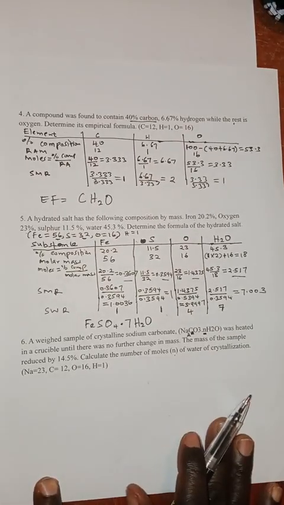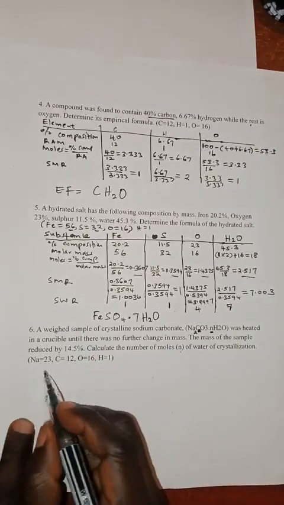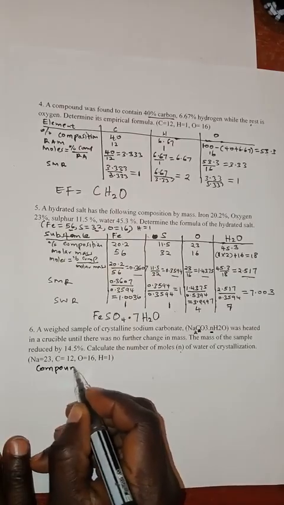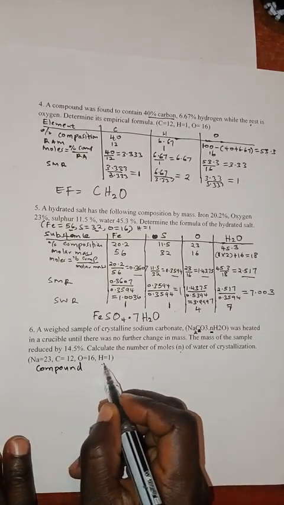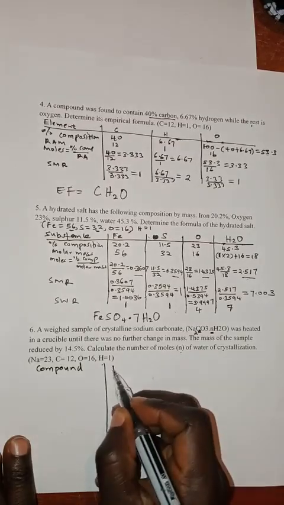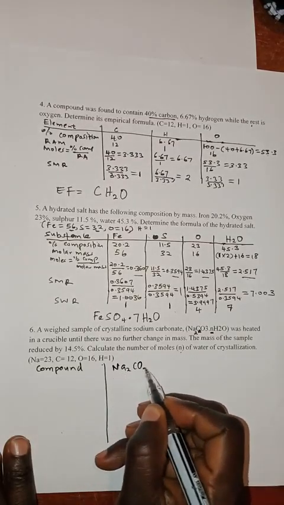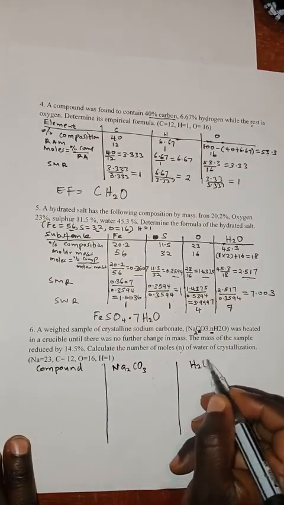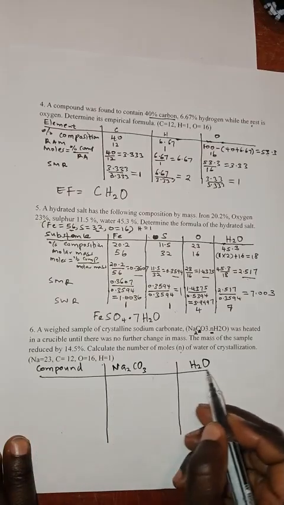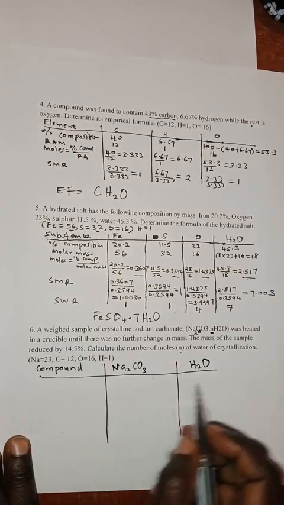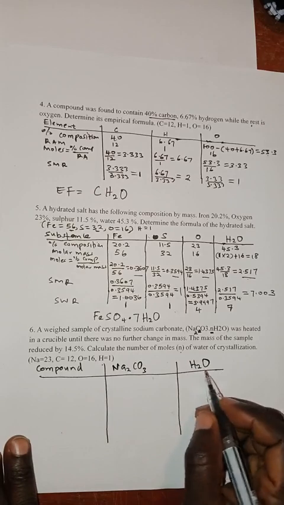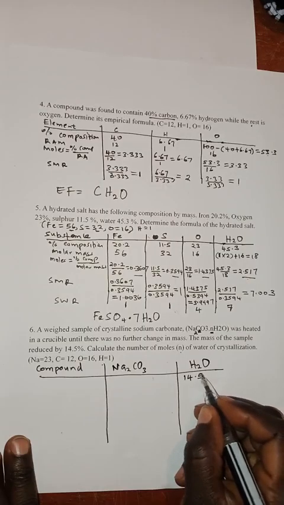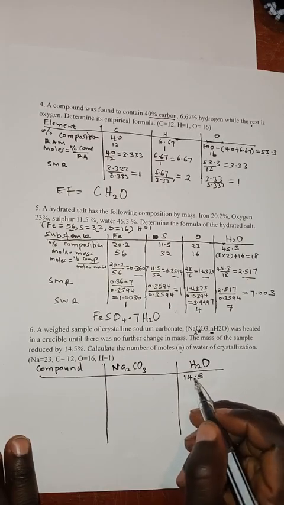So here we are going to deal with compounds. We are not dealing with elements. The first compound is sodium carbonate, and the second compound is, of course, water. So the percentage composition of water is 14.5%, because the mass of the solid reduced.